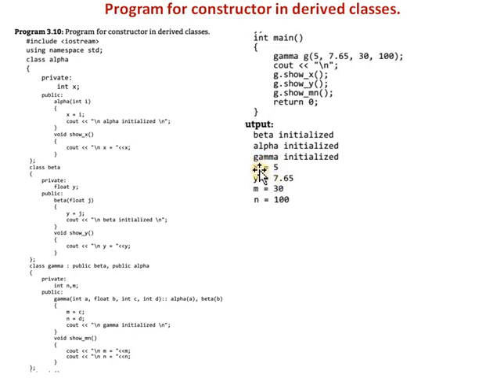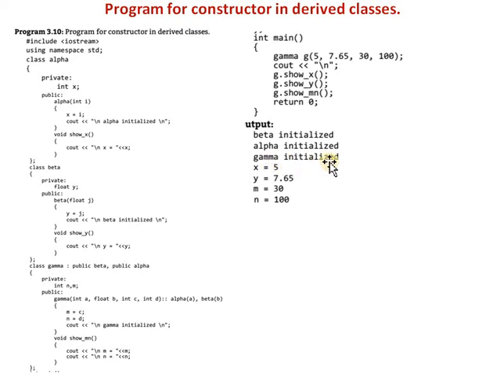Next it calls the derived class constructor. We know the order of invocation of constructors. That means the base class constructor will be executed first, then the constructor in the derived class will be executed. So in this program, the constructors of beta and alpha, that means the base classes, are executed first, then the constructor of the derived class is executed.